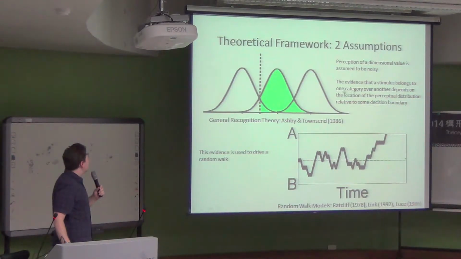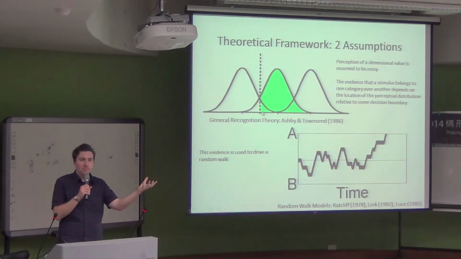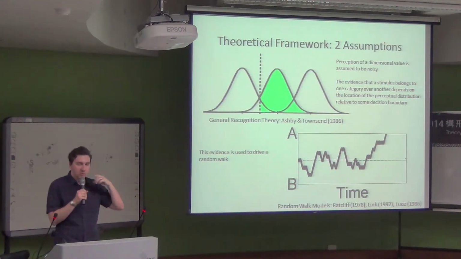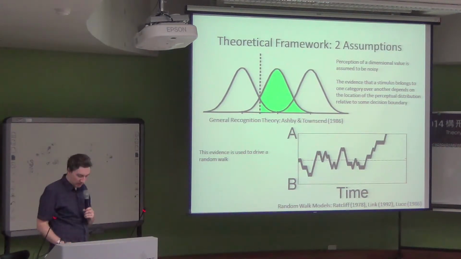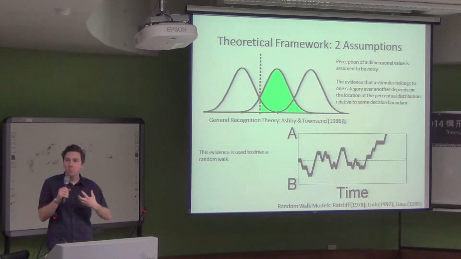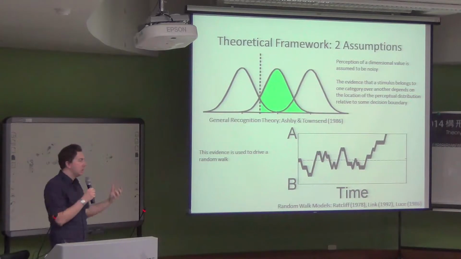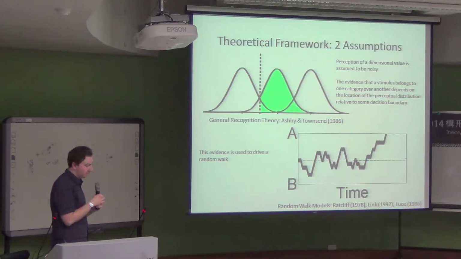Our theoretical assumptions combine a perceptual front end with a sequential sampling back end. The perceptual front end is this general recognition theory framework, and it is going to tell us how good the evidence is for each of these particular categories.